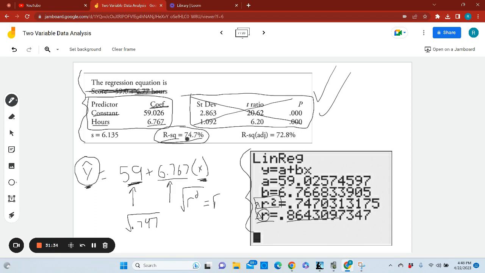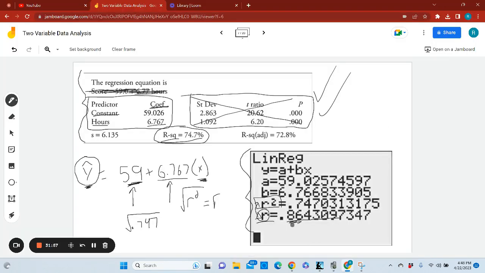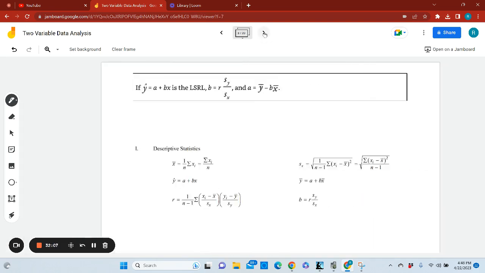So I took the square root of 0.747. In reality, it looks like it's 0.74703131175. I truncated the decimal, which is why they don't match exactly on my calculator, but you can see the relationship anyway. If you take the square root of r squared, you're going to get the correlation. And this correlation of 0.86 tells me that there's a pretty strong positive linear relationship between the number of hours studied and the score on the exam. All right.